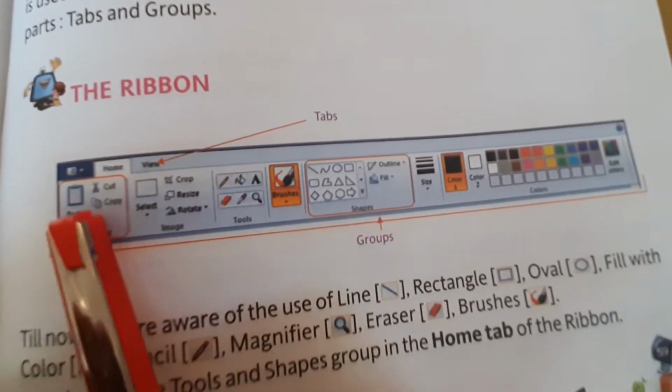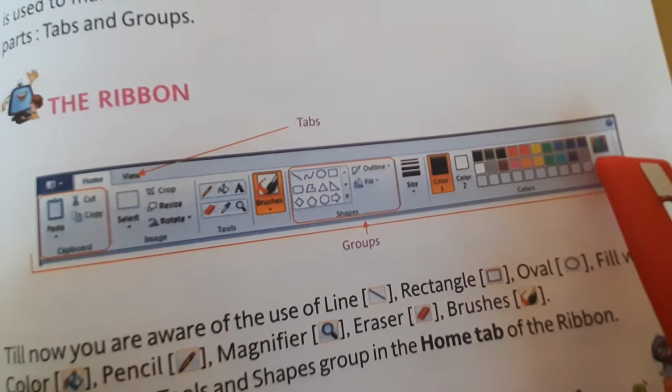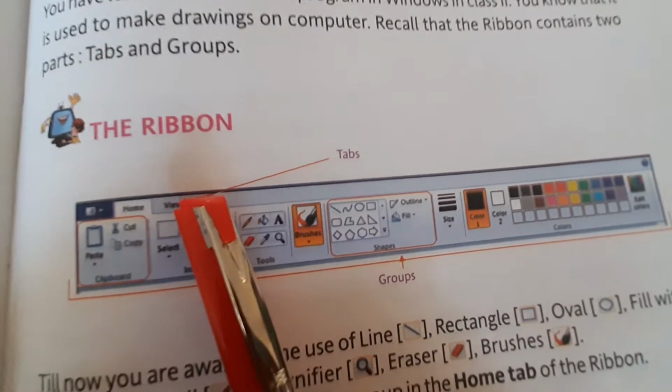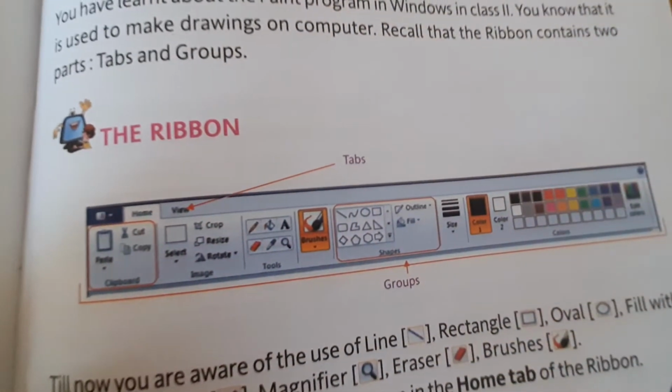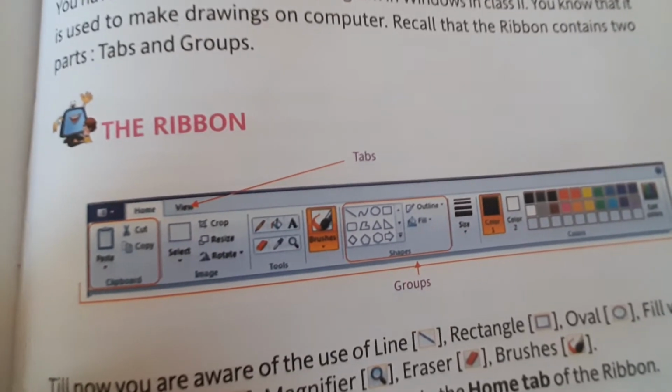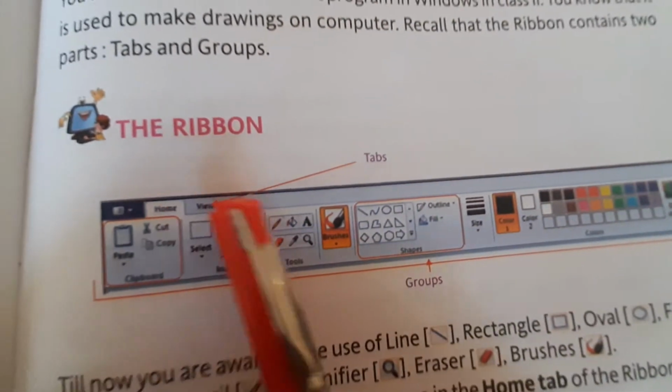So what is the ribbon? This whole is a ribbon and it contains different tabs. In other applications, like Word, there are more tabs, but here there are two tabs.